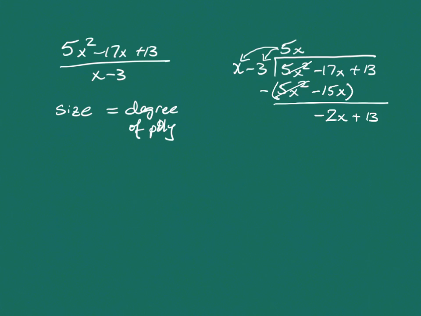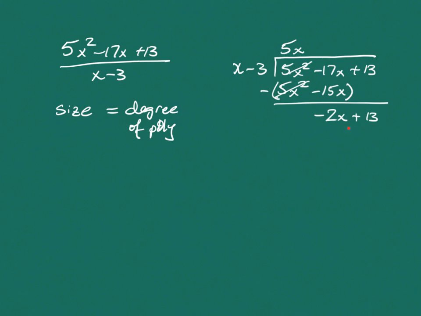At this point, am I finished? Not quite yet, because I see degree 1, a linear polynomial, and this is also a linear polynomial. They're both degree 1, so they're the same size. If they're the same size, I can keep going.